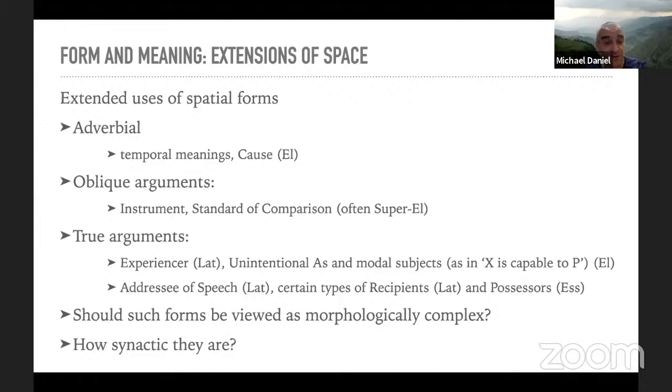Also, accuracy of speech is connected to direction. Certain types of recipients are connected to direction, and some possessors are expressed by the static location form. And of course, this is all very natural. We know that from other languages.